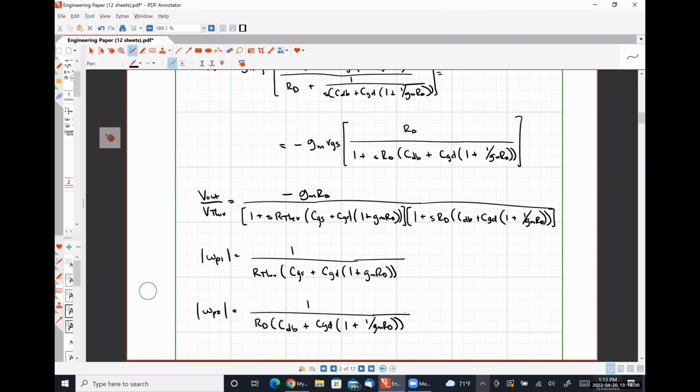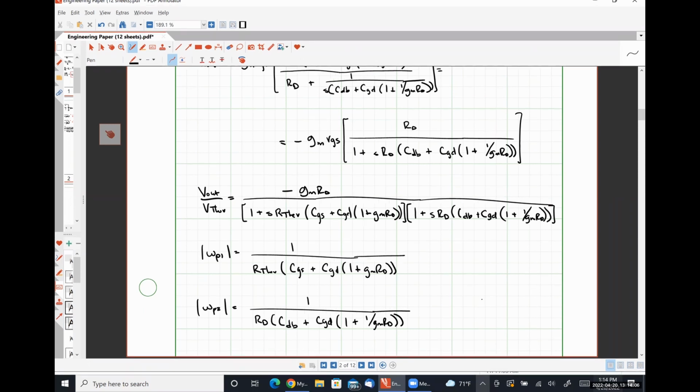We can estimate where the midband ends by using an open circuit time constant analysis, where effectively we analyze our circuit with each capacitor and see what resistance is connected to each individual capacitance while open circuiting all of the other capacitors. So it's extraordinarily similar to what we did previously at the low frequency analysis, except that now we are open circuiting all of our capacitors not of interest instead of short circuiting, right?